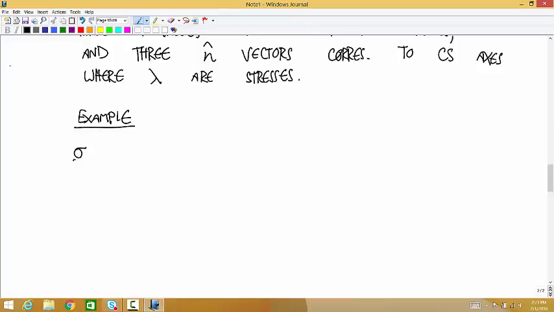So let's say that the stress is equal to [3, 0, 0; 0, negative 5, 0; 0, 0, 0].